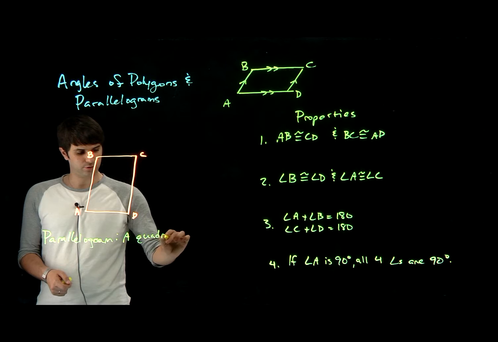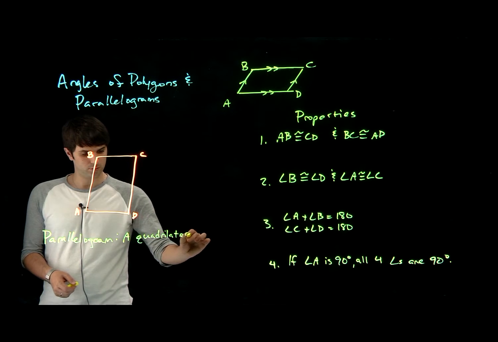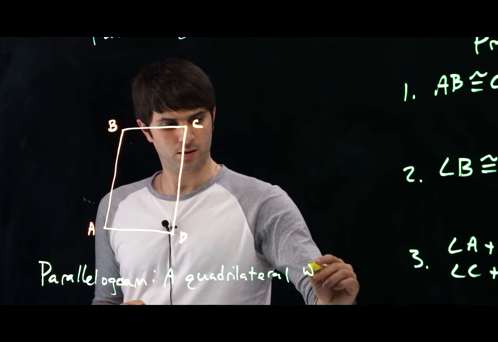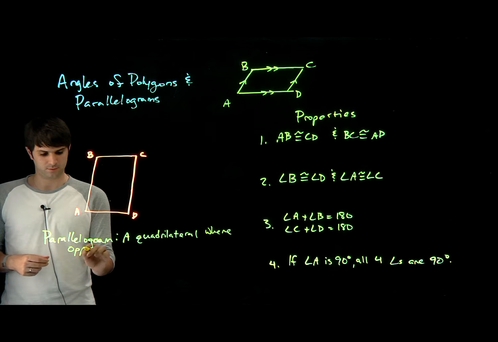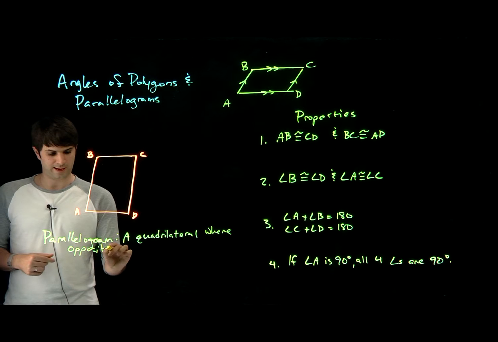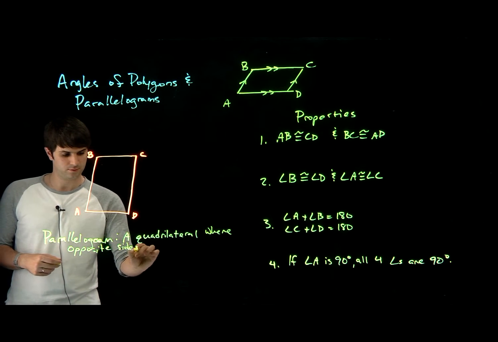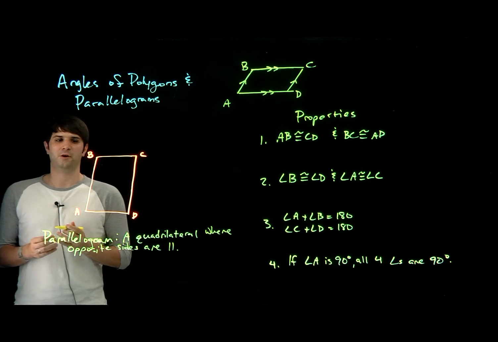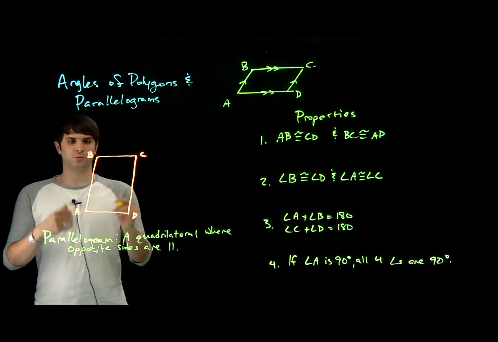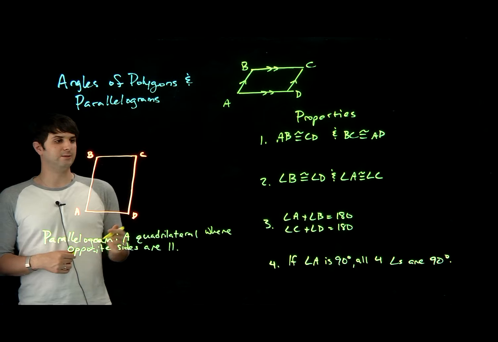A quadrilateral where opposite sides are, you can guess, parallel. Okay, so what that means, in our picture we have quadrilateral ABCD.